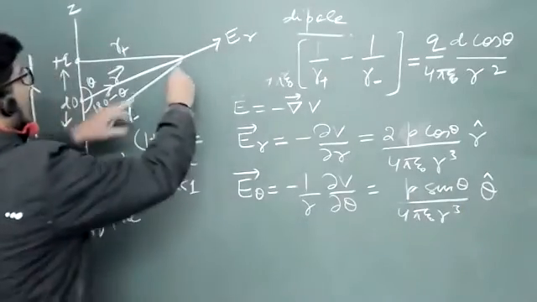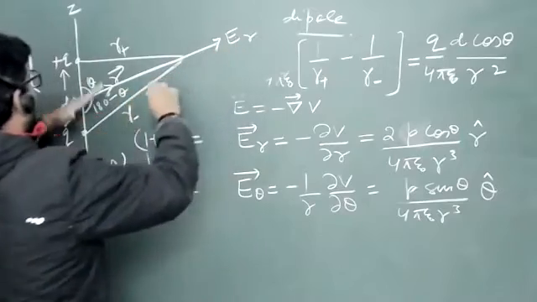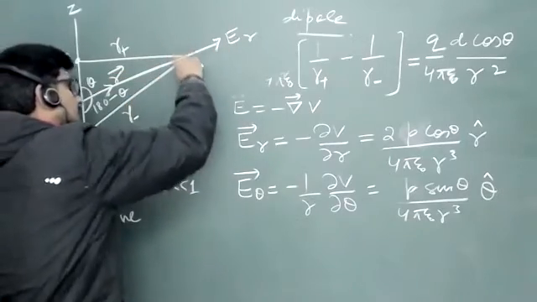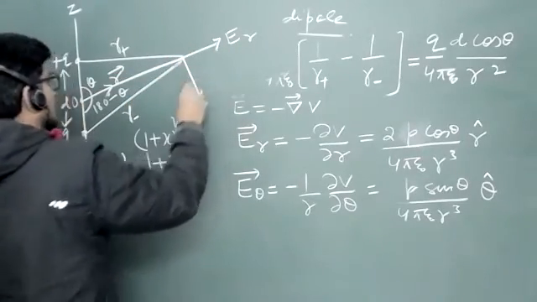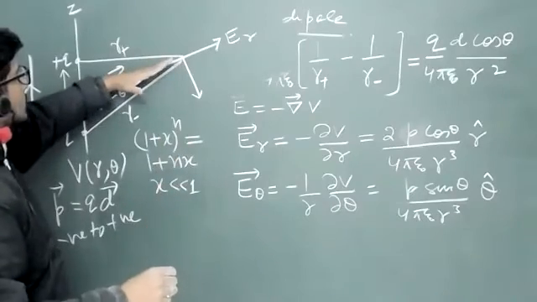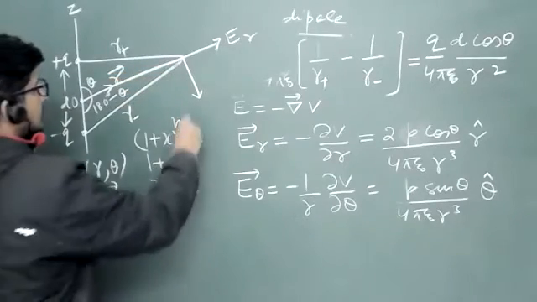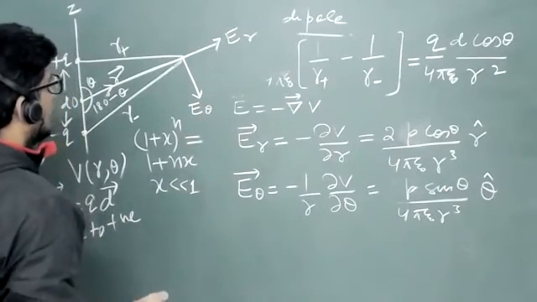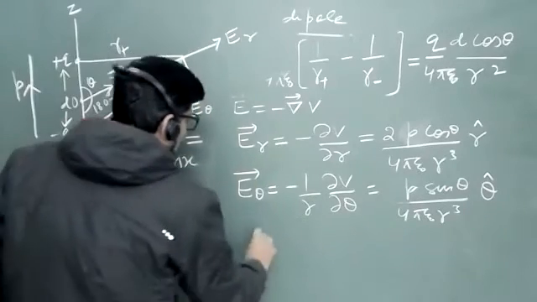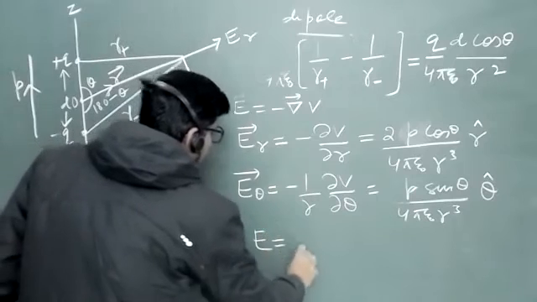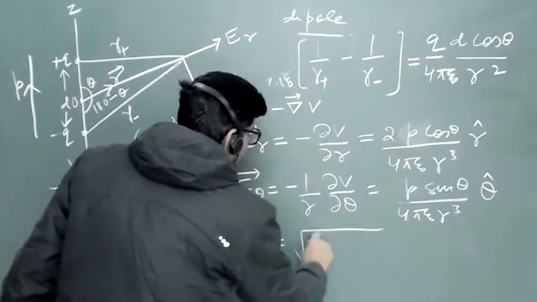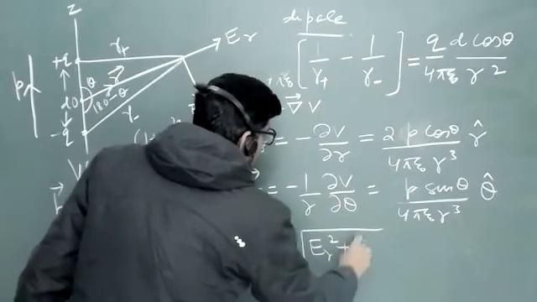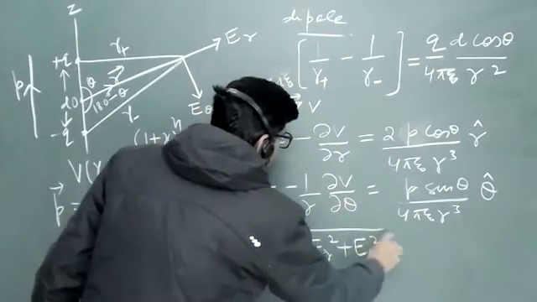So what is R cap? ये ER आ गया, और theta cap is in the direction in which theta will increase, right? So theta will increase. अगर इसको मैं ऐसे ले जाऊं, so this is E theta, and they both will give a resultant E that will be under root of ER square plus E theta square.